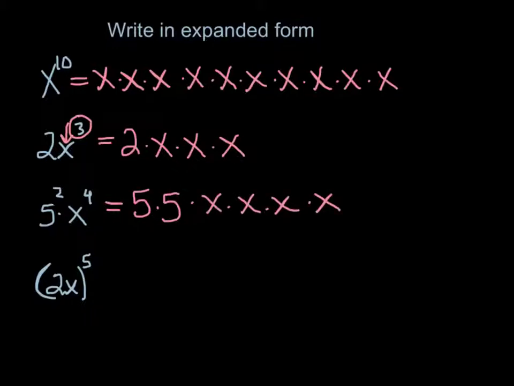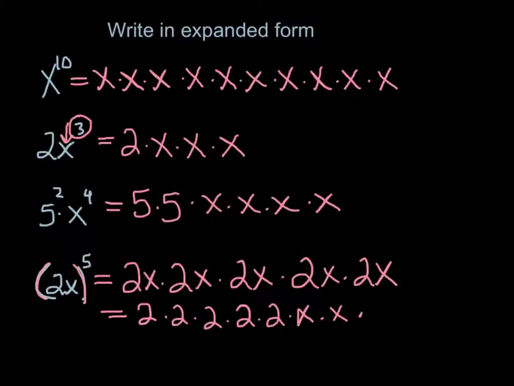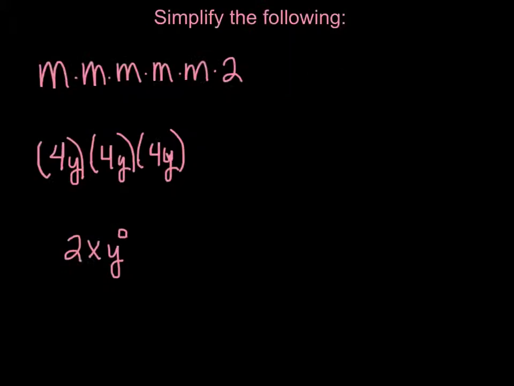And lastly, now this one's different because it's 2x to the 5th, see the parentheses here? That means the 5 goes to the 2 and the x. So this whole thing is being raised to the 5th power, so it's 2x times 2x times 2x times 2x times 2x. Okay, that's expanded form. Or if you wanted to rewrite all of your 2's together and then all of your x's together, that's fine too.